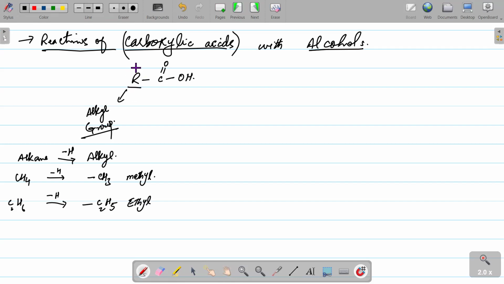So whenever R is written in any general formula, that indicates alkyl group, right?